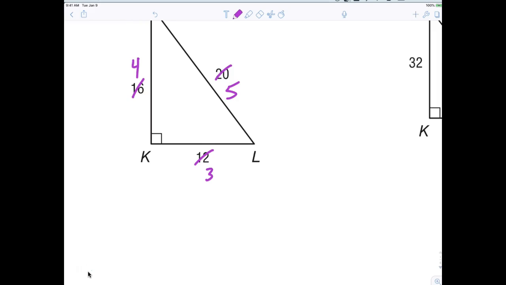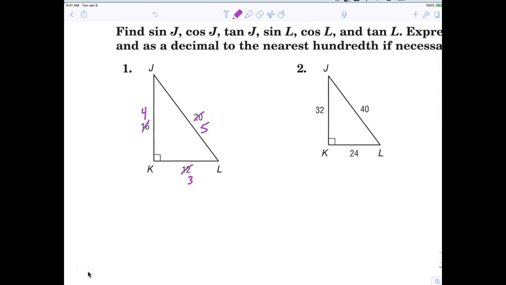To learn it, we're going to start with J. So we're going to say the sine of J is equal to 3 over 5. Now, if you want, opposite over hypotenuse is equal to what? 3 over 5.